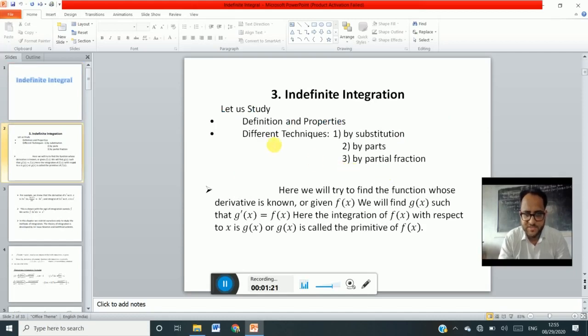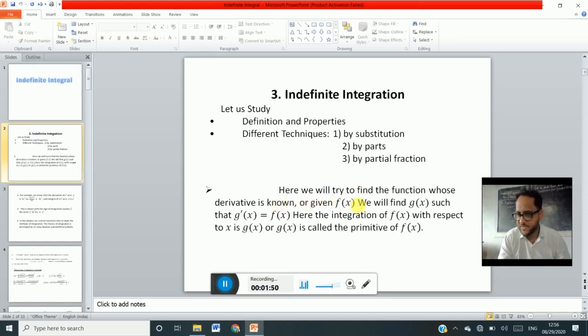First we will see the definition and properties, then different techniques to find the integration. The first one is the substitution method, then the second one is integration by parts, and the third one is integration by partial fraction, right?